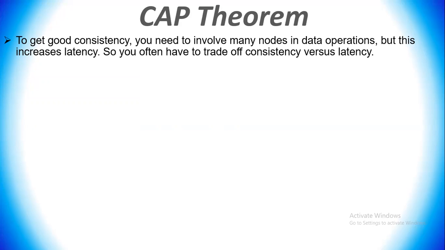I explained that if you have multiple nodes, there is a high chance of increasing latency. Latency is the end-to-end communication delay. So there is a trade-off between consistency and latency.